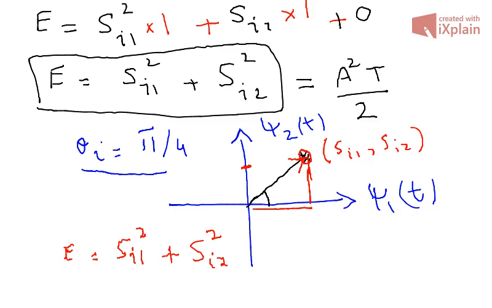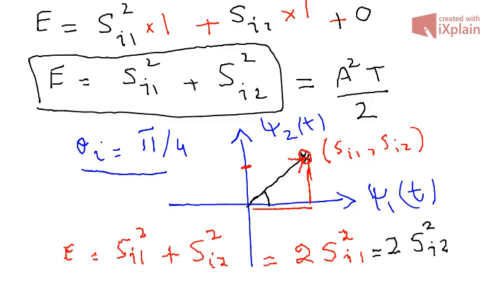Which can be written equal to 2 times ψ1 square, because ψ1 square and ψ2 square are equal, so you can write it 2 times ψ1 square, or you can also write it is equal to 2 times ψ2 square.